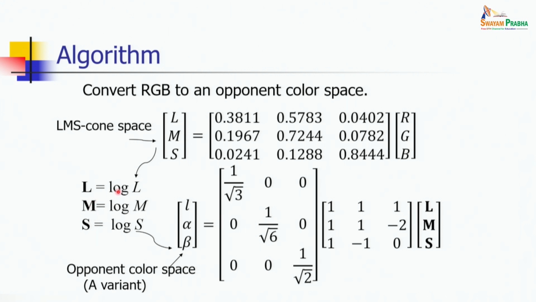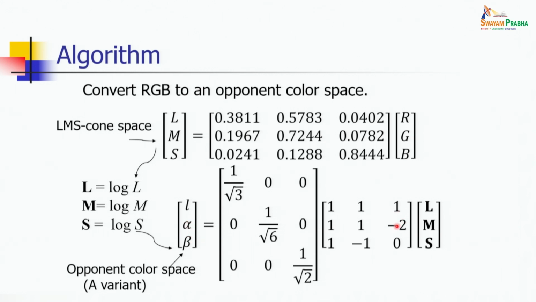And then we use the logarithmic rule, because our perceptual ranges or perceptual levels follow this kind of logarithmic operation. And then from LMS, there is an opponent color space. It's a bit of a variant; we call it L alpha beta.